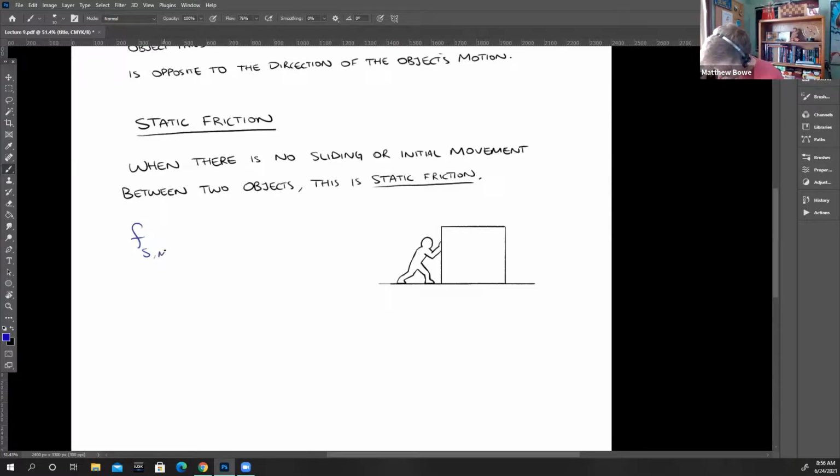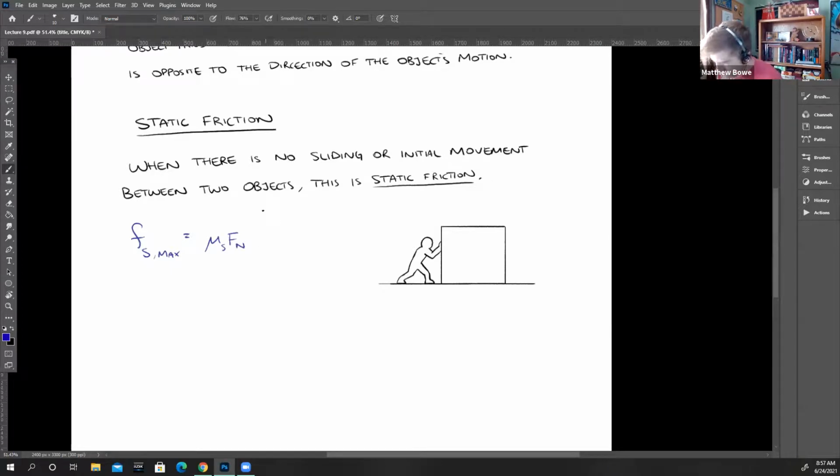So I'm going to say f_s maximum is equal to mu, a Greek letter. Let me try to draw it a bit more: it should look like this. So mu of s, the coefficient of static friction, times the normal force of the object.